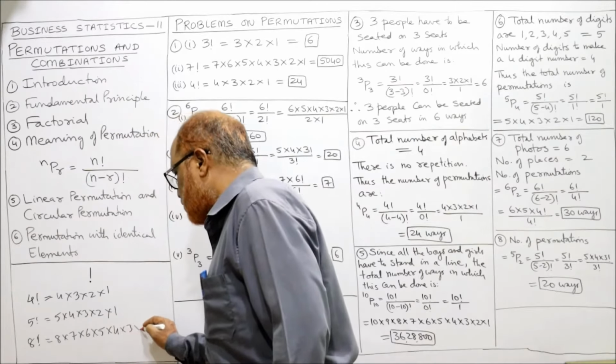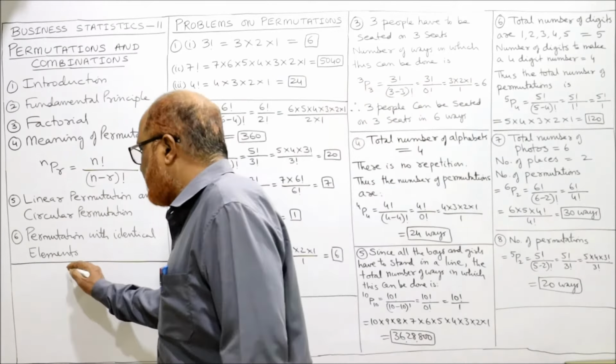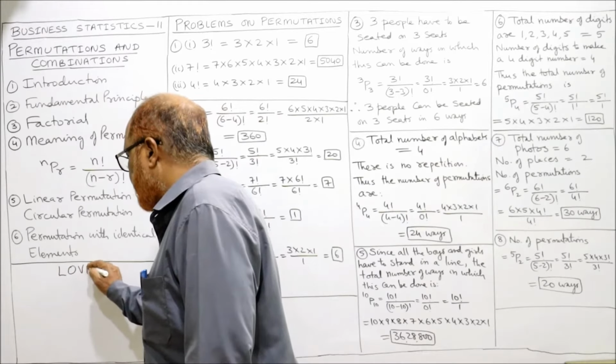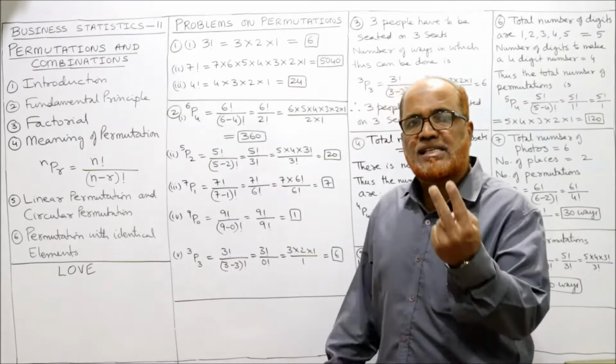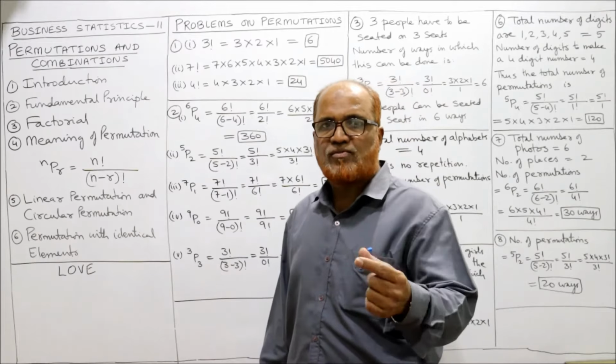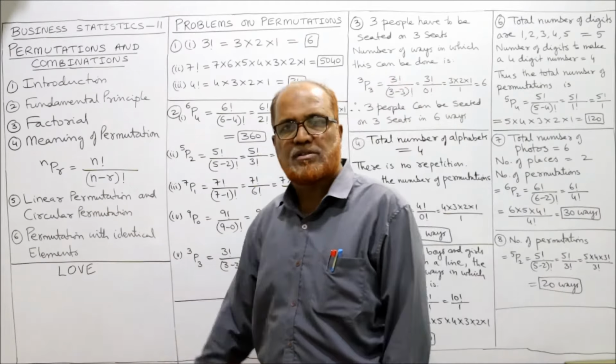A simple example I'll give you. Suppose we have to select 2 alphabets and arrange them out of 4 alphabets. The 4 alphabets given are L-O-V-E, love. How many ways can we arrange two alphabets out of the total of 4 alphabets? We can list down the permutations of taking 2 alphabets at a time out of 4.